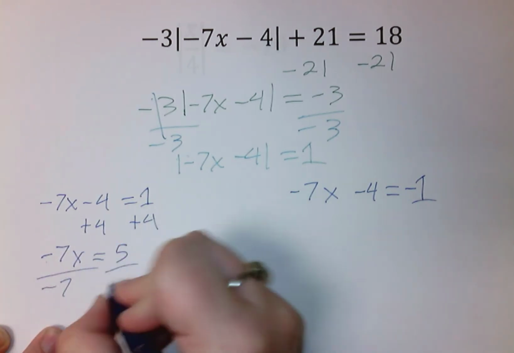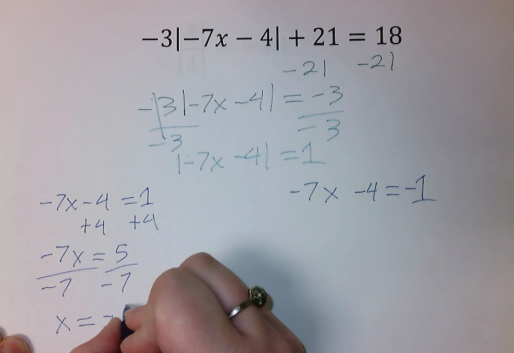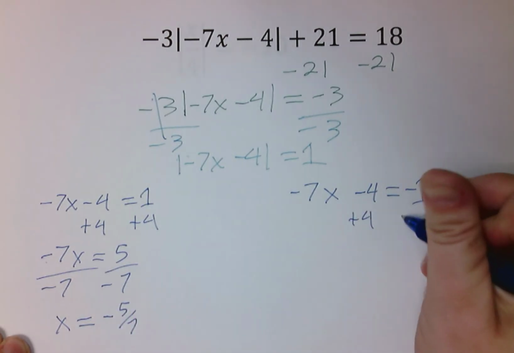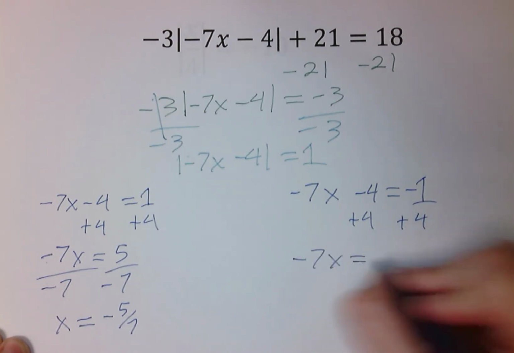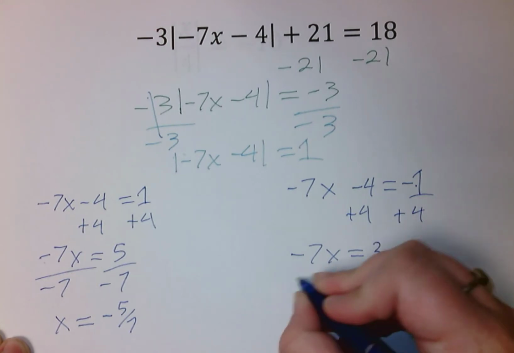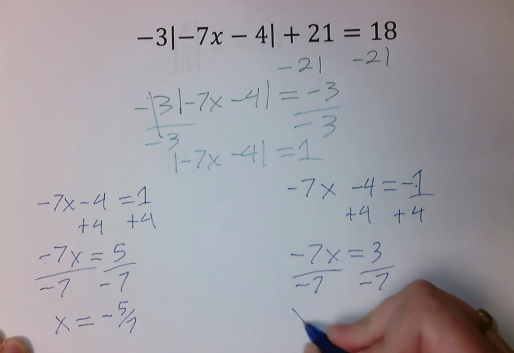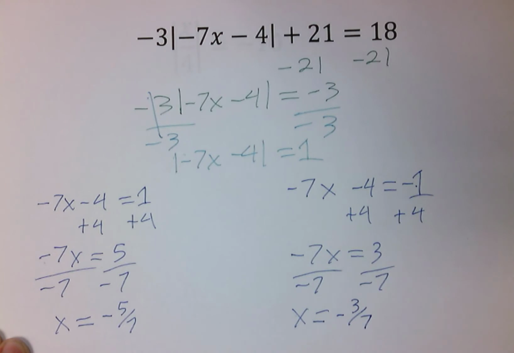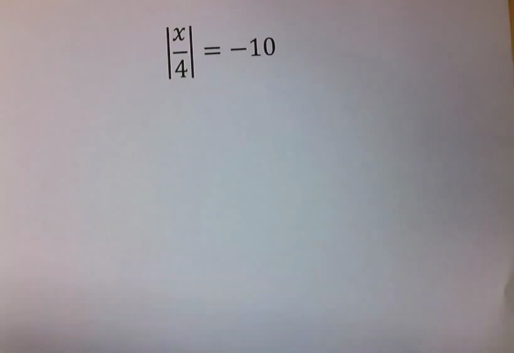Divide by negative 7. x equals, can't simplify, 5 over 7. Now I'm going to add 4 to both sides on the other one. So negative 7x is equal to negative 1 plus 4 is 3. We now divide by our negative 7, and we get x is equal to negative 3 over 7. I know, a lot of fractions today. That's okay.